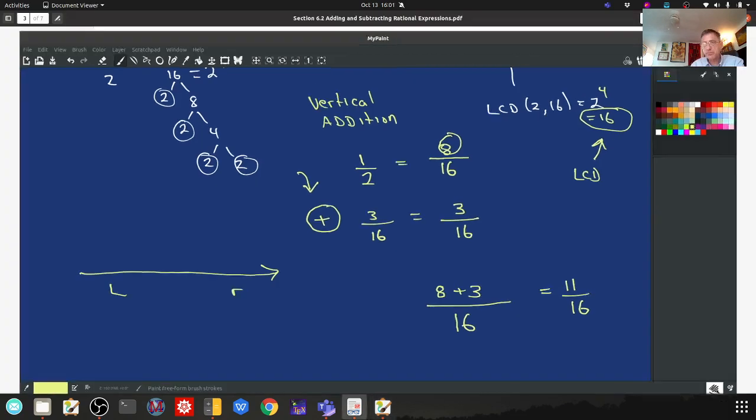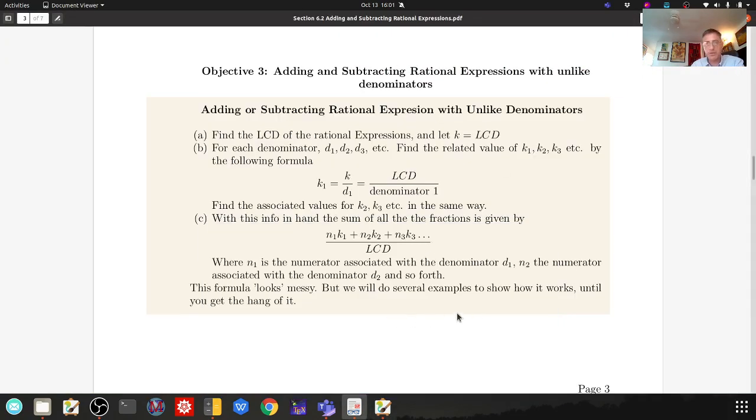So I'm going to show you exactly what we're going to do. First we're going to find the LCD, very first thing. And then I'm going to label each of our denominators as first denominator, second denominator, third denominator, however many it is. And then I'm going to find the k values.